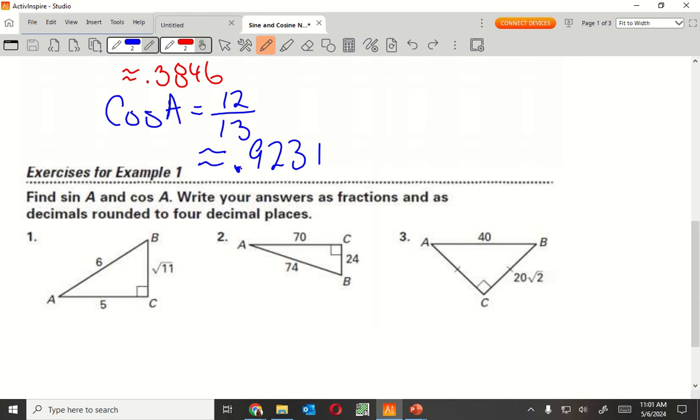This one here, 2, because it says 4 decimal places, so that means 1. And this is 2. Okay, you know what you're doing.